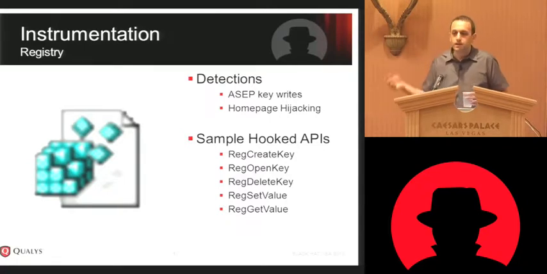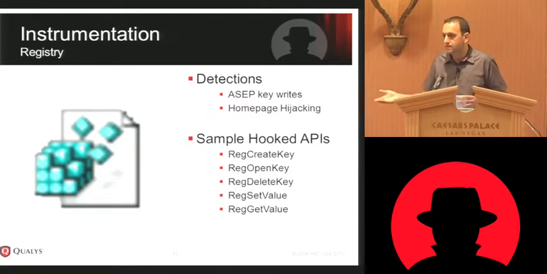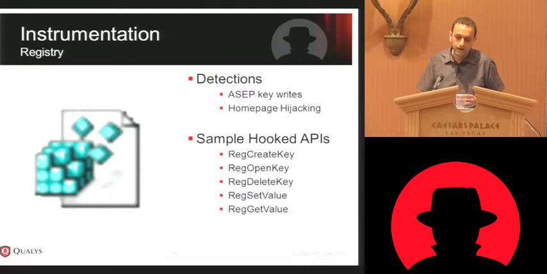That's how, to continue installation, please reboot. What it's doing is writing a temporary ASEP key called RunOnce in Windows, and it will run that at the next boot. So this is how malware gains reboot persistence. If I've got a running executable that's malicious, the only way it's going to stick around is if it writes an ASEP key, so when I reboot my machine, it gets to start up again. And we hook all the registry calls for that.